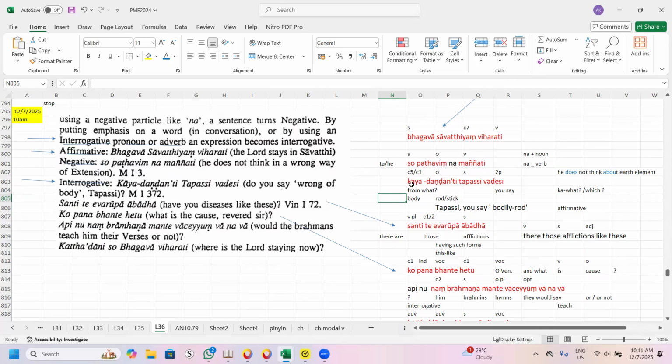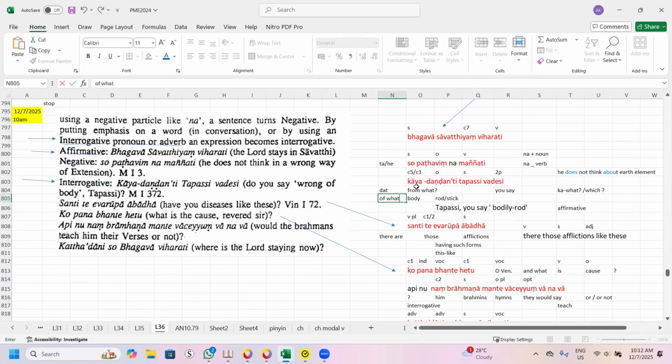It should be in the dative of what? So technically, I think this is dative. Of what rod, or what sticks. So this is how I say it.